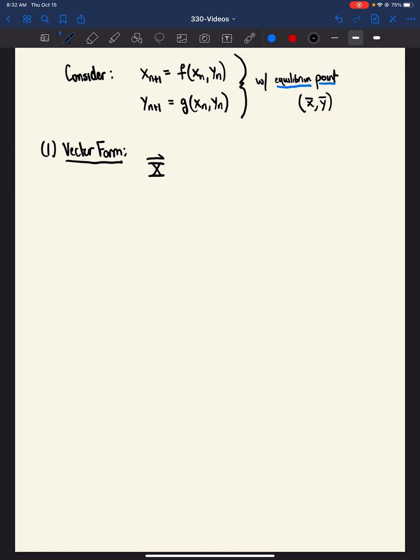Some fancy x of n plus 1. And what this will be is just both of those elements, x n plus 1 and y n plus 1. In much the same way, we could define our previous iteration values in a similar vector sense, just denoted by that subscript n.